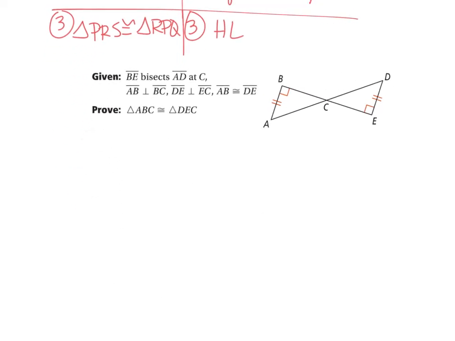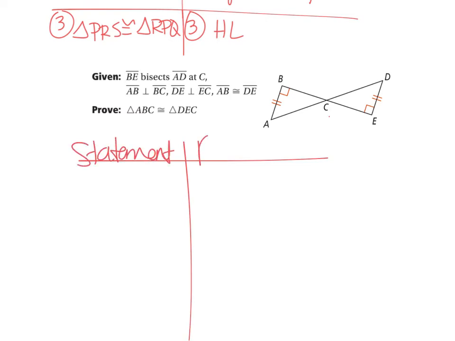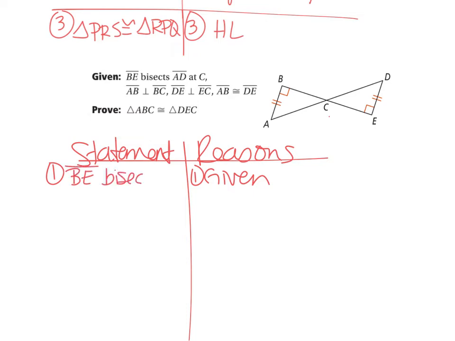Okay, so let's talk about the next one. Let's go ahead and get your chart ready. And your statements, reasons, and your given. Trying to go fast. Sorry, it's a little sloppy. I give you a lot on this. Let's see what all this stuff means.